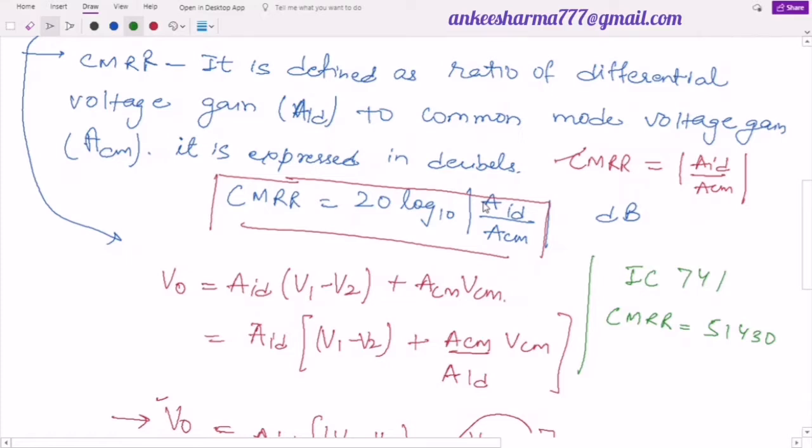If I convert this value to dB, because we take these values in dB, it comes out to be around 90 dB. So it is easy for me to write 90 in place of this large value. That's why we take the CMRR values in dB format. Is it clear?